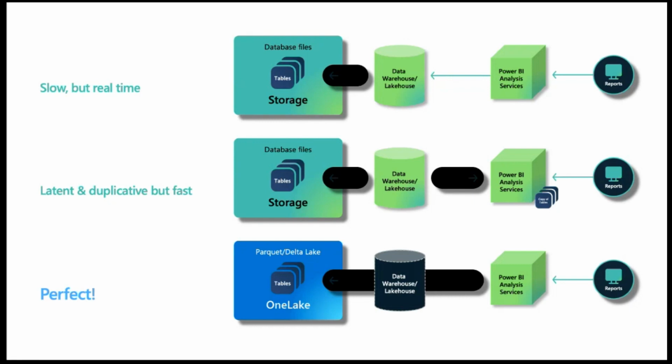They realized that the VertiPaq engine of Power BI is similar to the Parquet Delta Lake format. And so what that enabled our engineers to do was rewrite the engine so that it pulls the data into memory when it needs it and washes it out, just like a SQL or Oracle relational database would do.